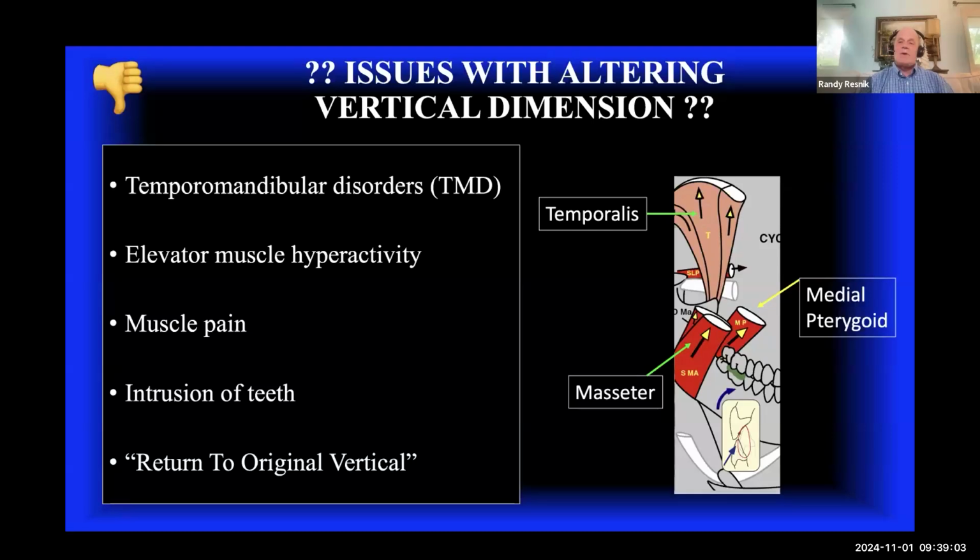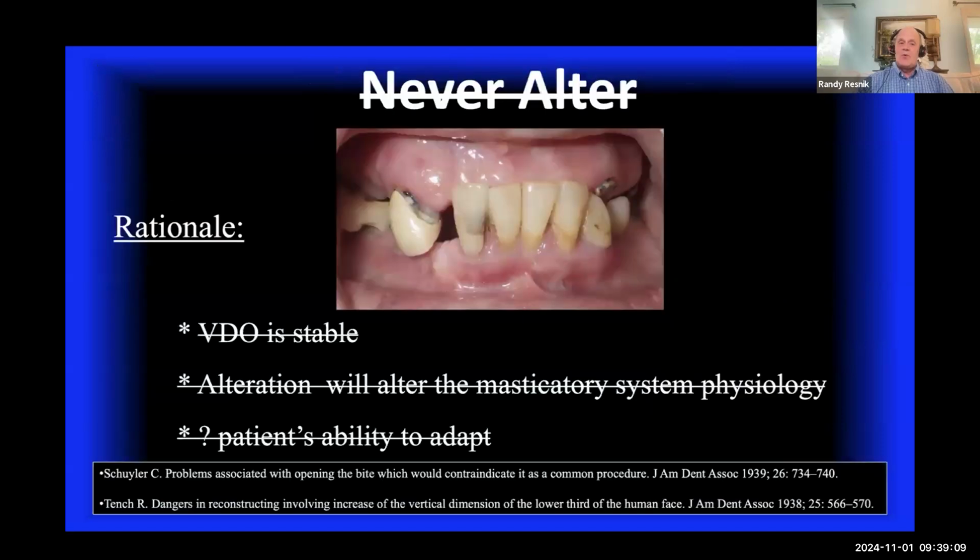So what ends up happening is you increase parafunction. And I do believe that is true. So you have to be careful with that. However, the rationale that you never alter is impractical because we know patients come in all the time with significant attrition, loss of teeth, and collapse of bite that need to be altered.